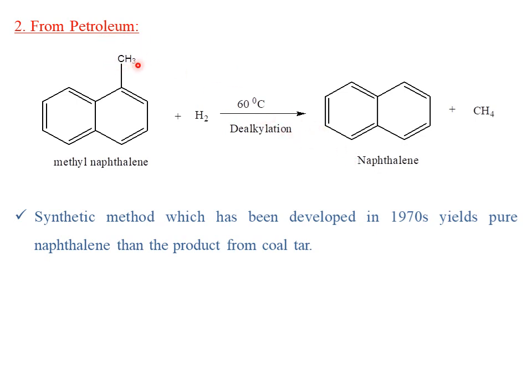Upon removal of the alkyl group by adding hydrogen, we get naphthalene with the release of methane gas. This is one of the important synthetic methods, developed in 1970, to get a pure form of naphthalene compared with coal tar. These are the two methods: one from coal tar and the other from petroleum.